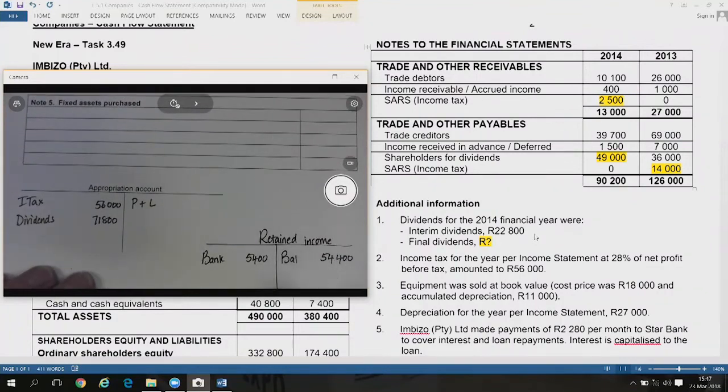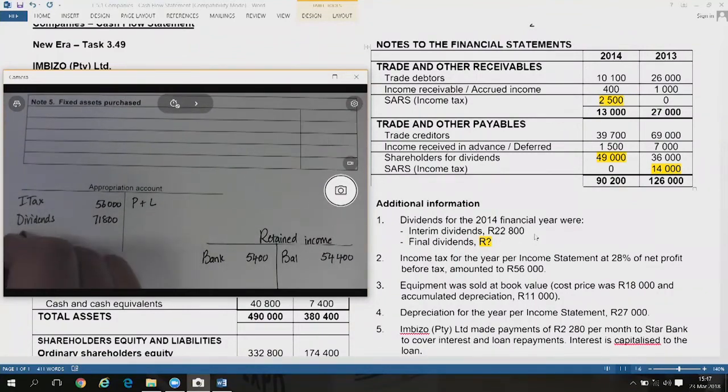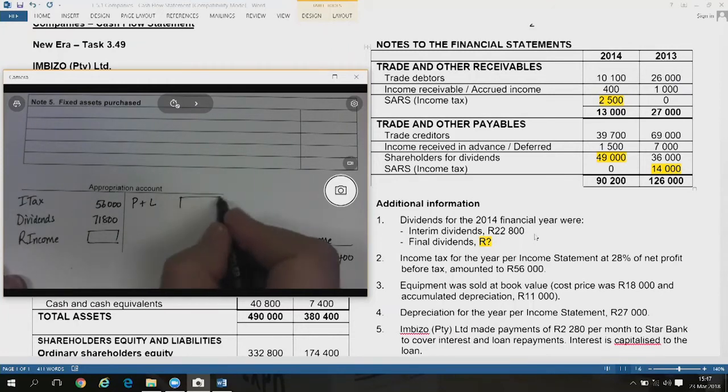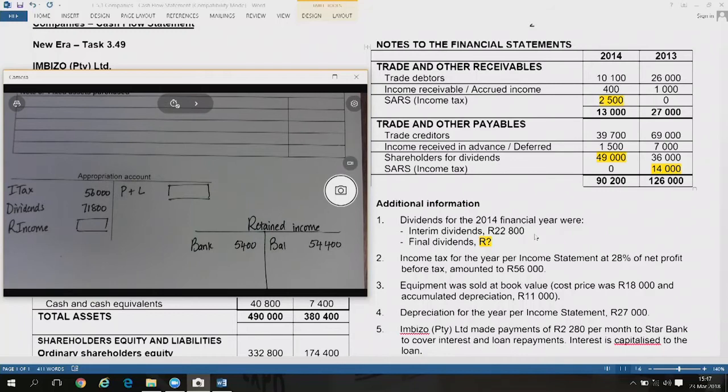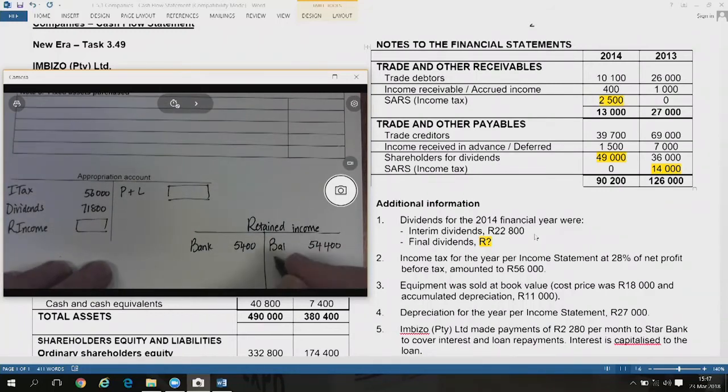Then we have this come to retained income. This is basically my unknown amount, but let me just put the retained income appropriation account there. And then the new balance at the end of the year is 121,200.